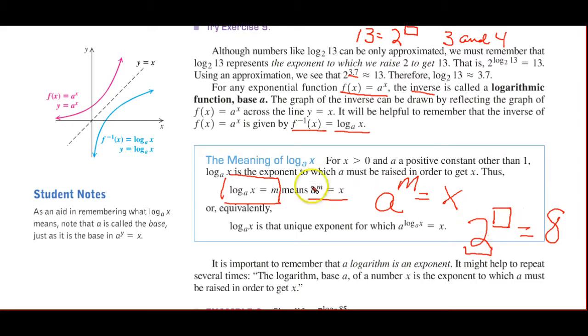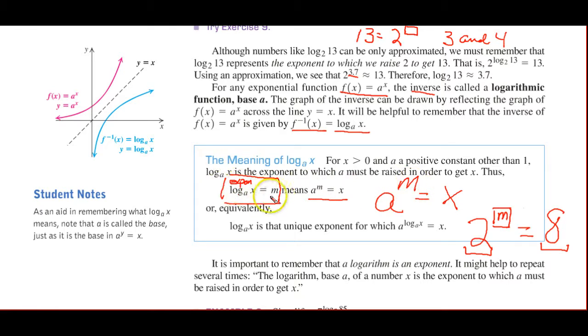Your exponent in this formula here is m, and x is your result. So what they say, the log of A. What can we put for the word log? And it's the exponent. Exponent is your m here. M is your exponent.